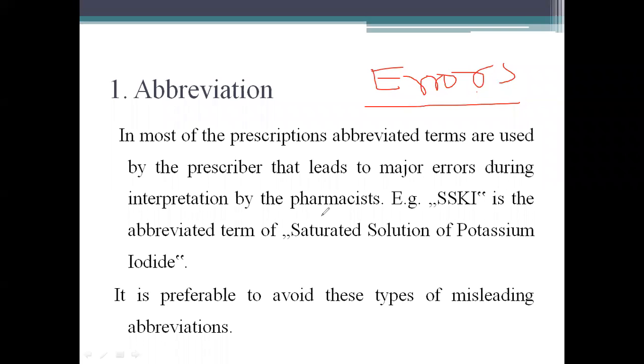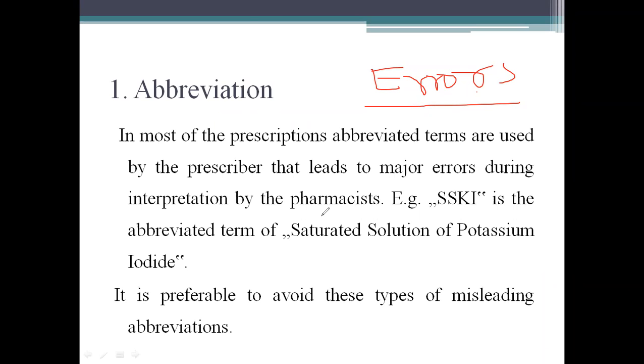Now, whether every pharmacist can interpret SSKI or not, or whether SSKI is an official abbreviation or not, it is not confirmed. But if the doctor prescribes SSKI, what does it mean? If the pharmacist has enough knowledge, then he will understand saturated solution of potassium iodide.